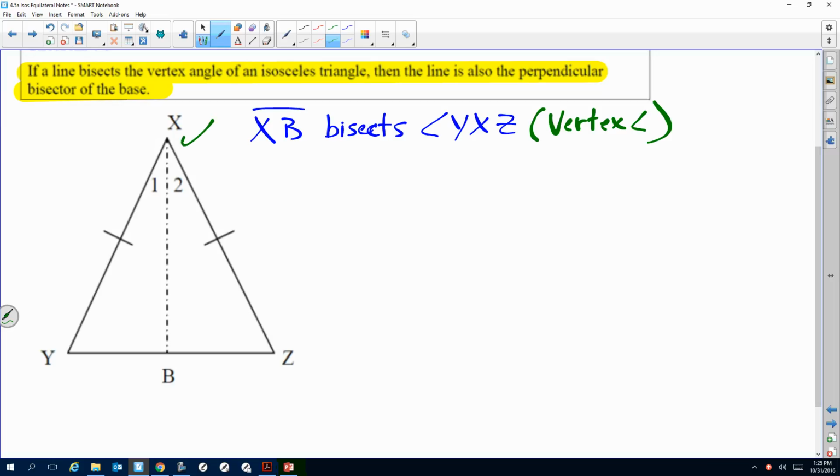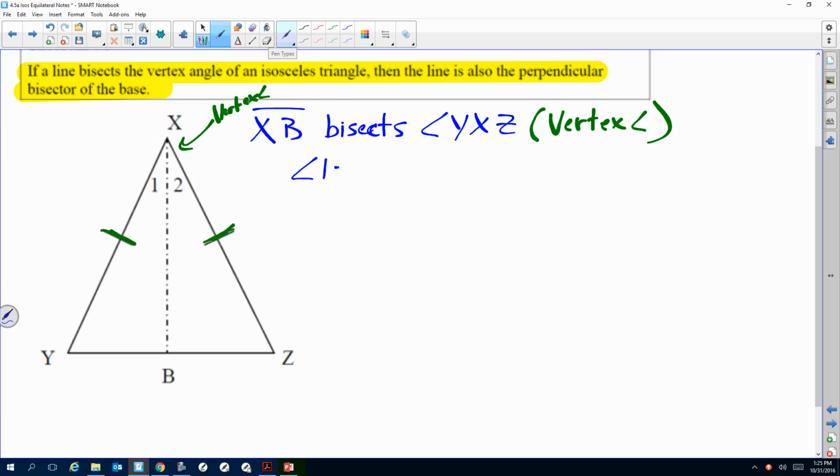So this angle right here is your vertex angle. And hopefully we see that our triangle is isosceles because of the tick marks right here. Did y'all recognize that?